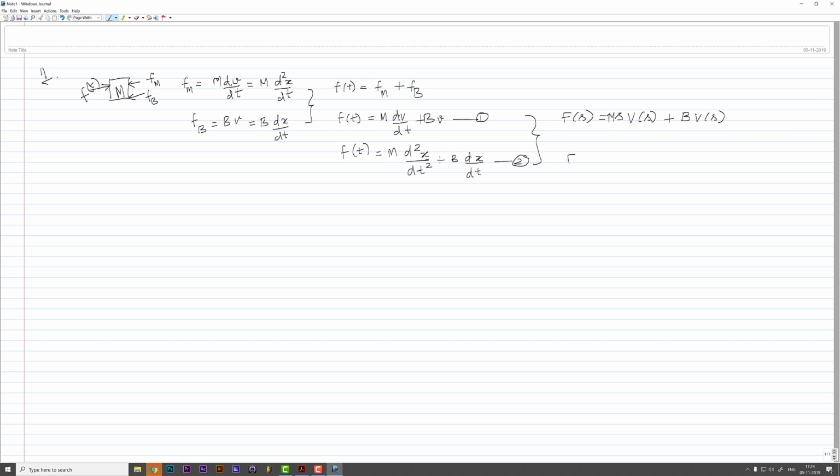And the second, so this is the Laplace transform of this, f of s is equal to m s square x of s plus b s x of s. All right.